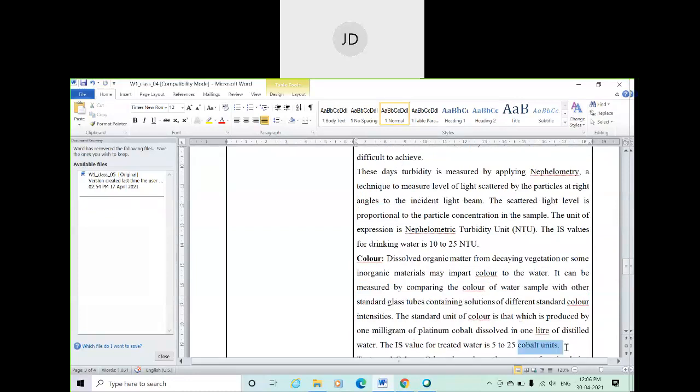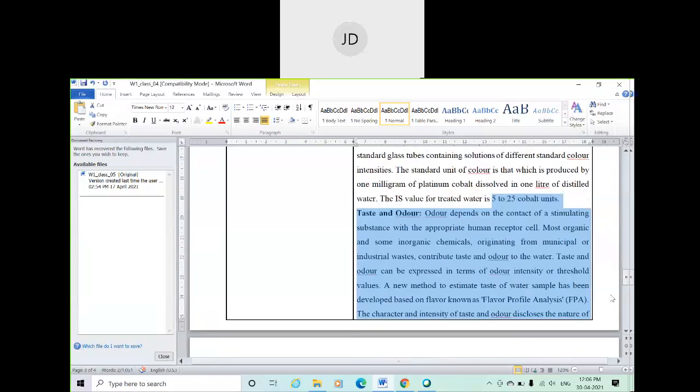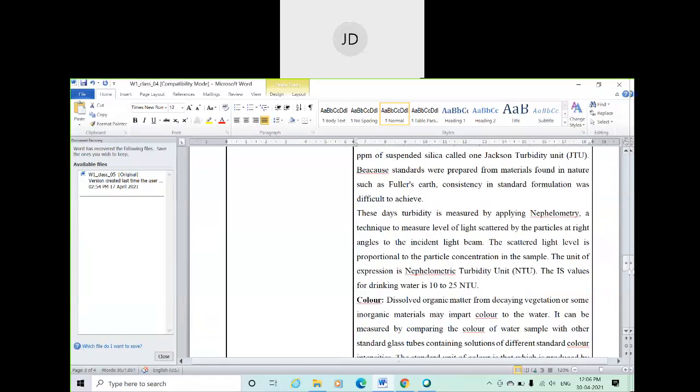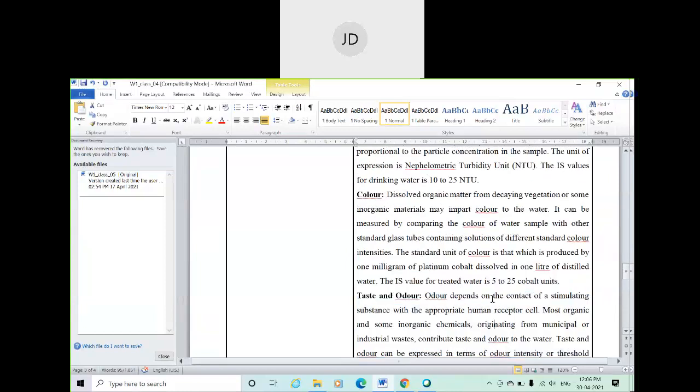You have to remember this: color is measured in cobalt units. For treated drinking water, the color-causing impurities must be within the range of 5 to 25 cobalt units.